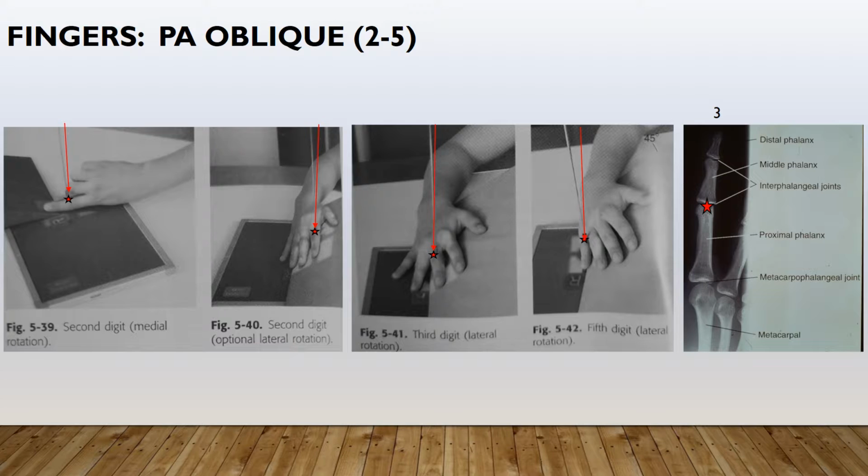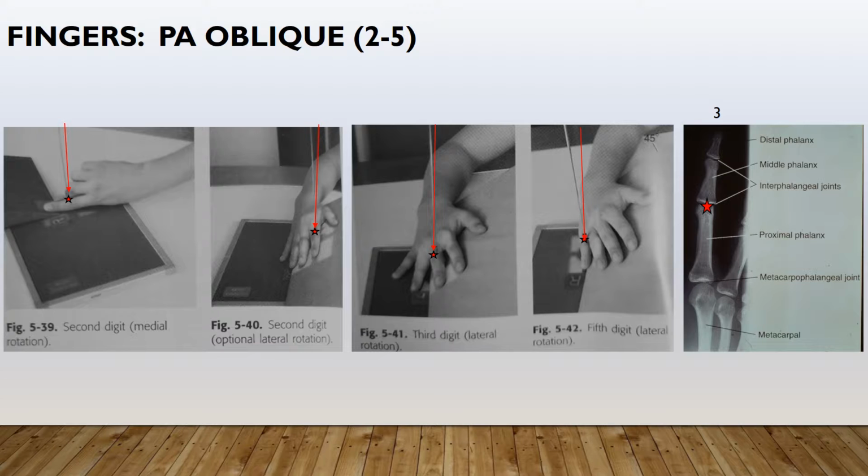And for the third, fourth, and fifth fingers, you're going to move them the opposite direction and you're going to do more of a lateral rotation so that it's much easier for the patient. For all of these x-rays, the center ray is going to be at the proximal interphalangeal joint. Now, the x-ray you're seeing all the way off to the right, that is a perfectly positioned index finger. Now, that is a perfectly positioned middle finger.